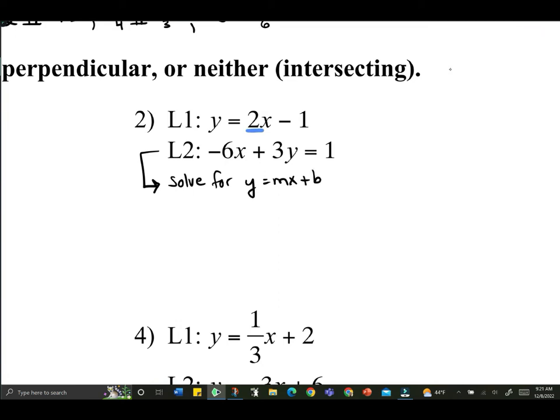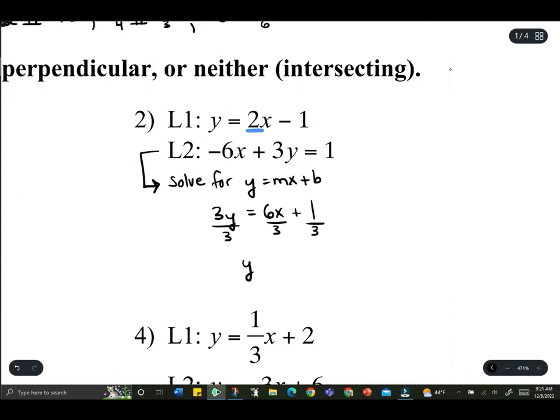That means we're going to add 6x over, and we're going to divide by 3. And we again get y is equal to 2x plus 1/3. Now, once again, we just check out these two slopes. Hey, they're the same. Once again, they are parallel because they have the same slopes. So that's the main idea for these questions.